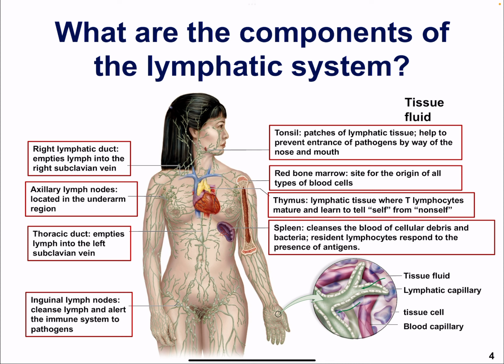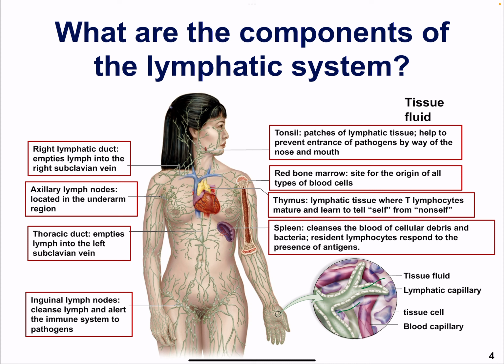Some of the organs are the lymph nodes and the lymphatic vessels, but we also have, as part of the lymphatic system, the lymph itself, the fluid, right? So that fluid is part of our defense system.